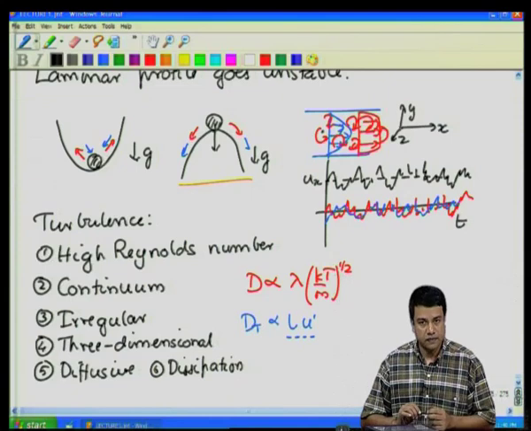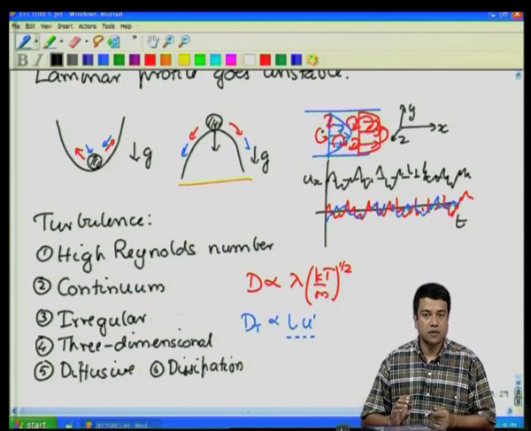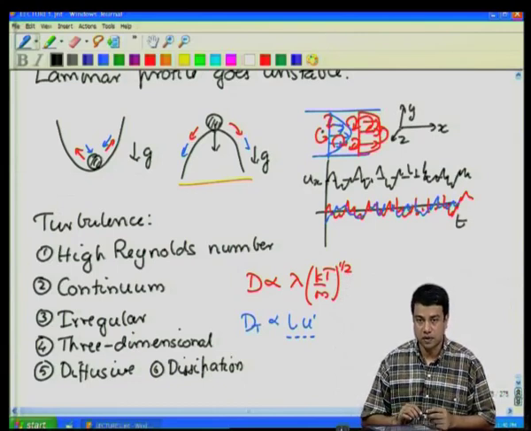However, you have this additional mechanism of transporting momentum across the flow due to turbulent diffusion. That turbulent diffusion is much larger than the molecular diffusion. Therefore, the momentum flux from the surface in a turbulent flow is much larger than what you would expect for a laminar flow of that same average velocity.